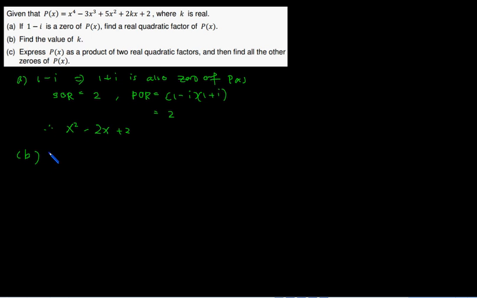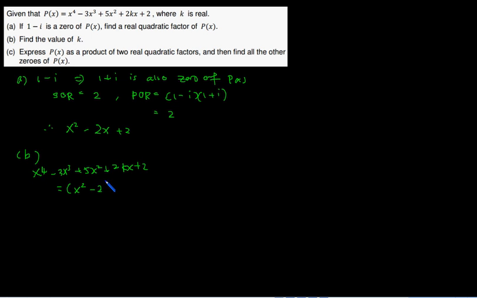So I'm going to write out p(x) in full, 5x squared, 2kx plus 2. This is supposed to be equivalent to its factorized form.